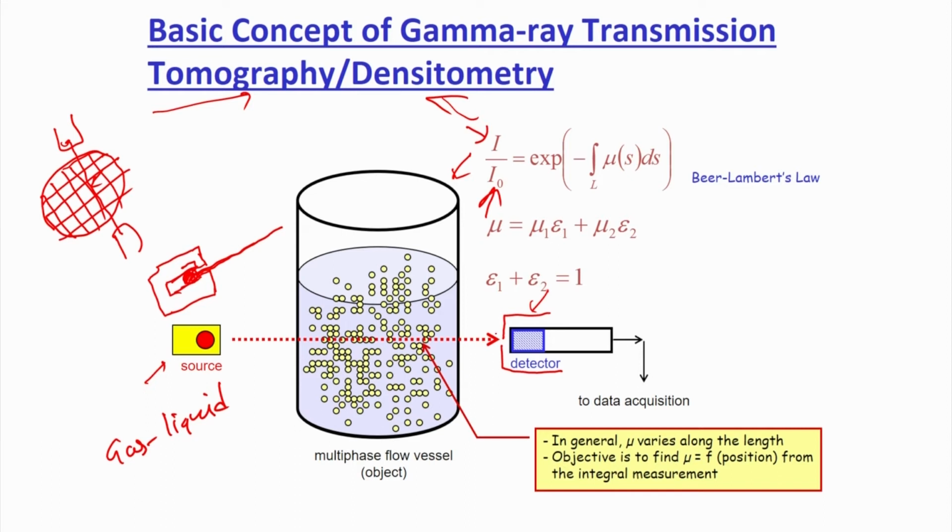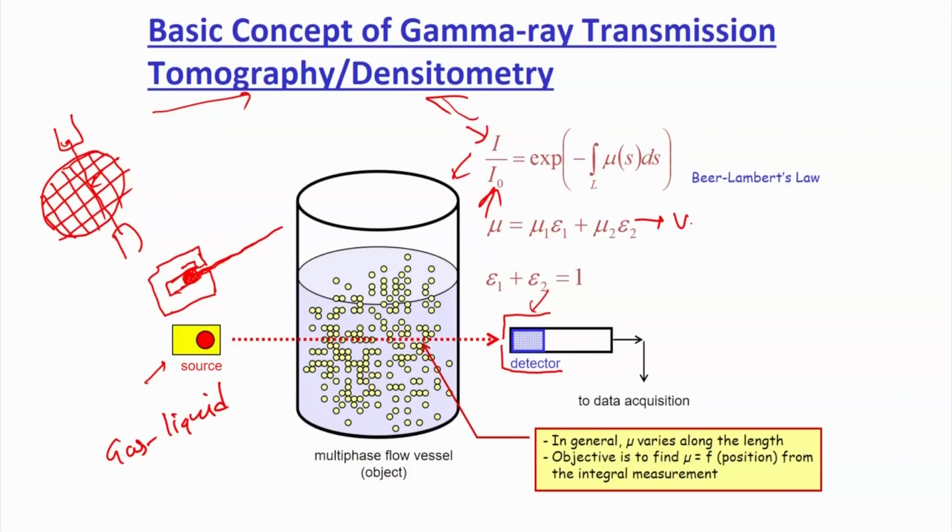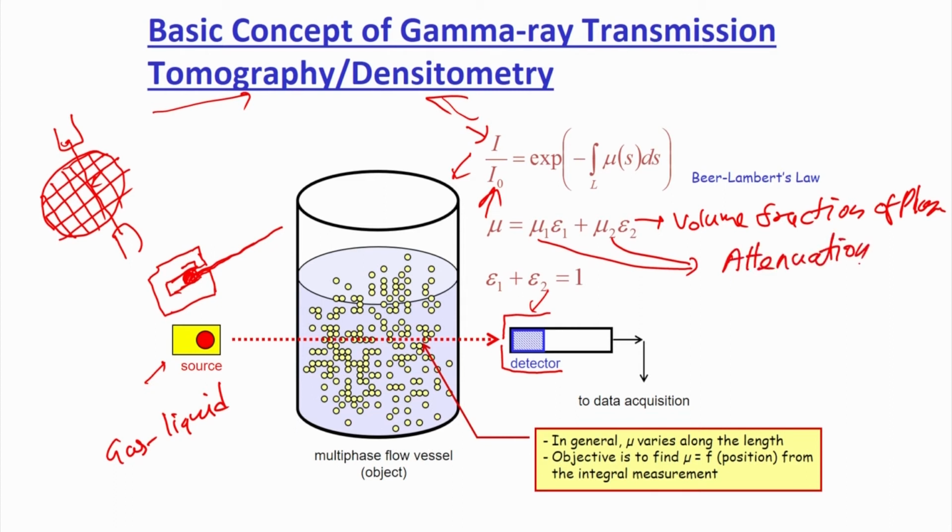The overall line attenuation mu will be equal to mu 1 epsilon 1, where epsilon 1 is the volume fraction of phase 1, plus mu 2 epsilon 2, where epsilon 2 is the volume fraction of phase 2, and mu 1 and mu 2 are the attenuation coefficients for pure phase 1 and phase 2.